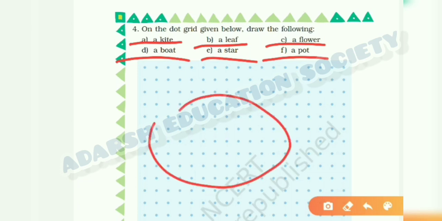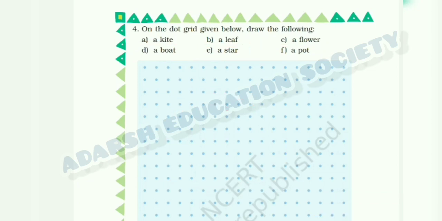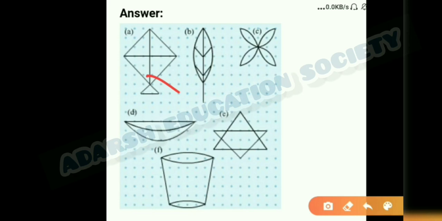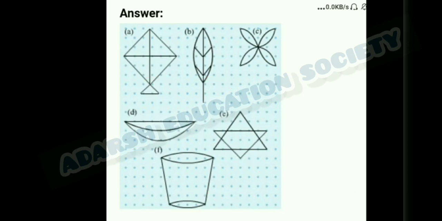Using this dot grid you have to draw these 6 pictures. Here I am giving the answer. This is the picture of kite, leaf, flower, boat, star and pot. You can create your own design also.